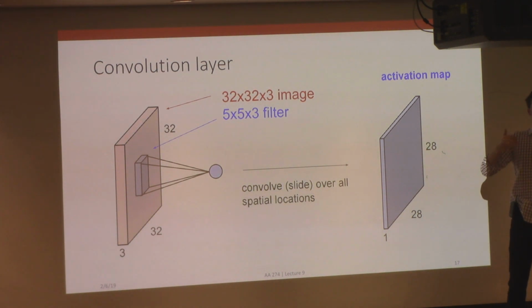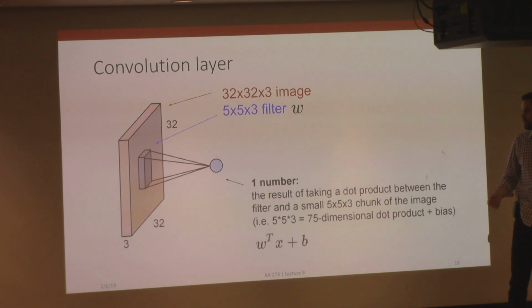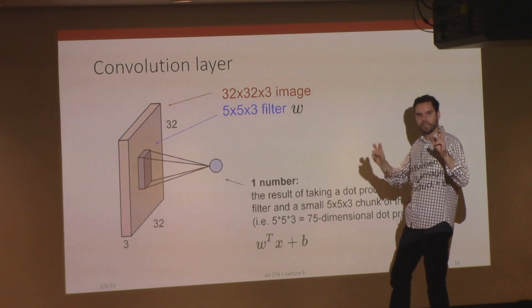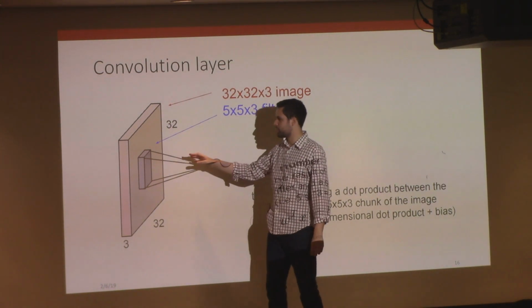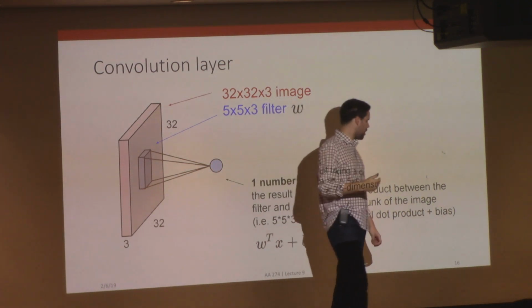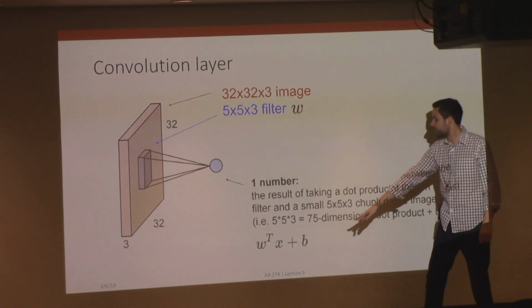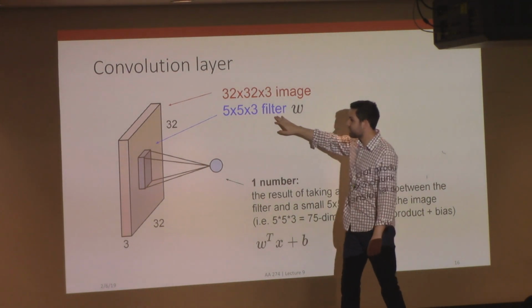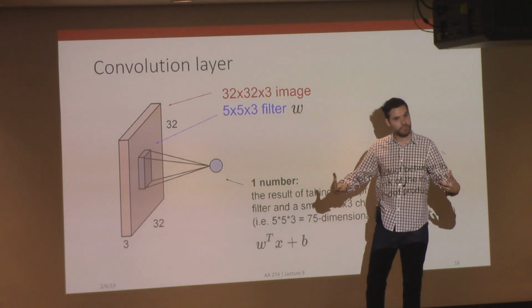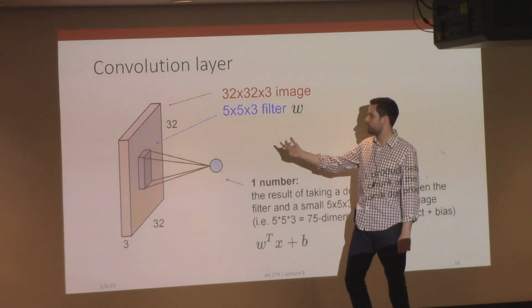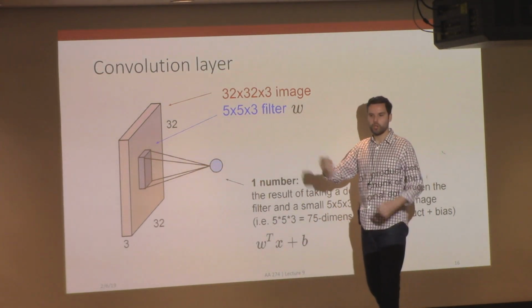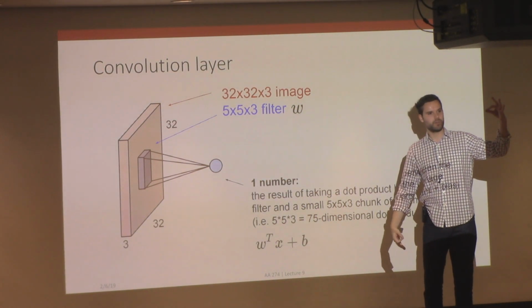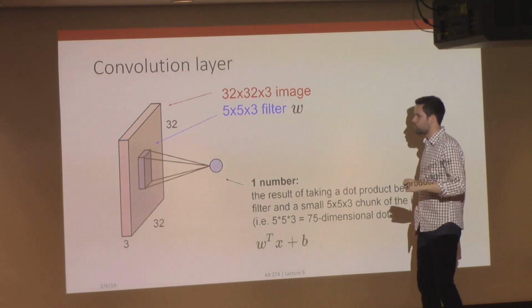Now, how do you actually obtain these activation values? When you're sliding this filter over the input image, the mathematical operation is exactly what we've seen before. This filter, which you should think about as weights, well in this case it's a weight tensor, you're stretching out into a single column or row.